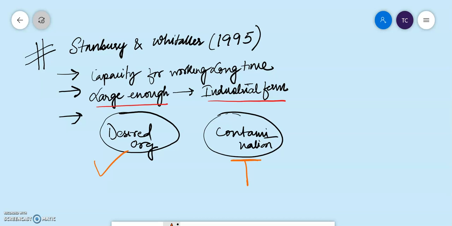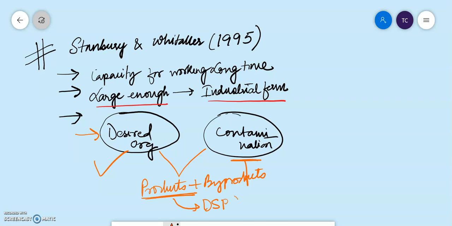How will you do it? If you have any contamination in the fermenter along with your target organism, the product will not be the same. It will have mixtures of your product plus byproducts, so it becomes very difficult to purify your product. Downstream processing becomes complex, which is not at all desirable.